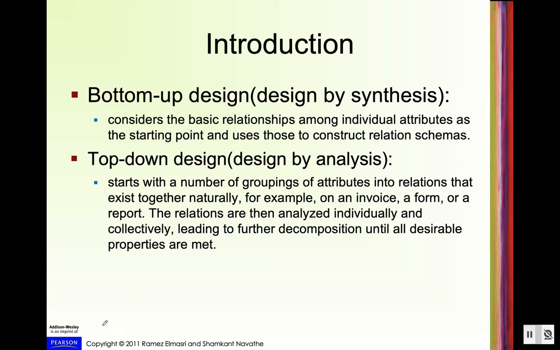So each individual attribute, you can think of it like a company database. The company database has a couple of tables and each table has attributes. But here we are not going to consider the tables first. We are going to consider each individual attribute first. For example, say employee name, employee SSN, salary, like each of the individual attributes.